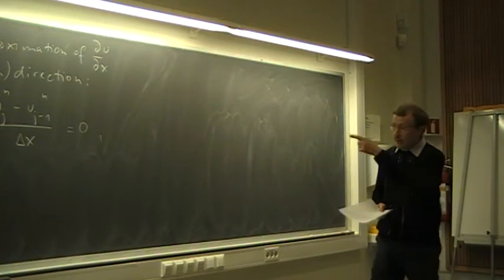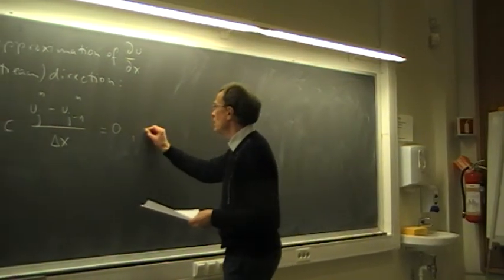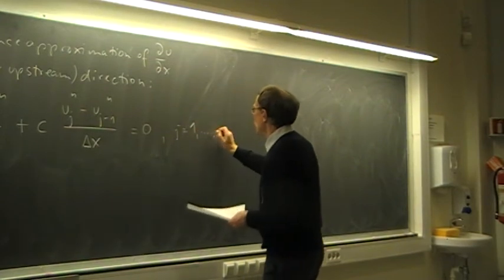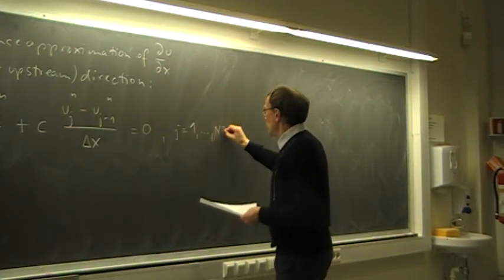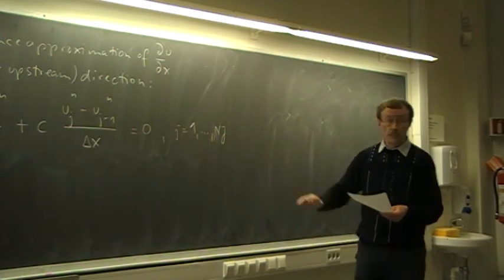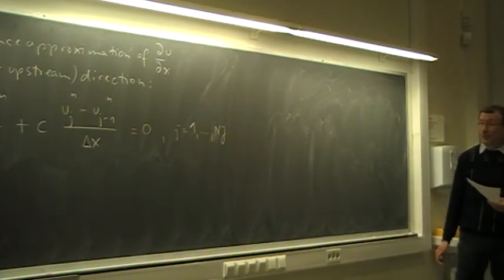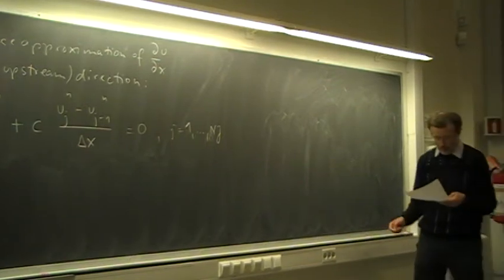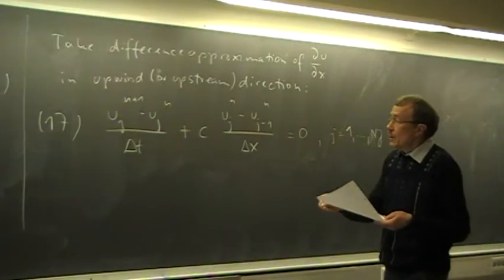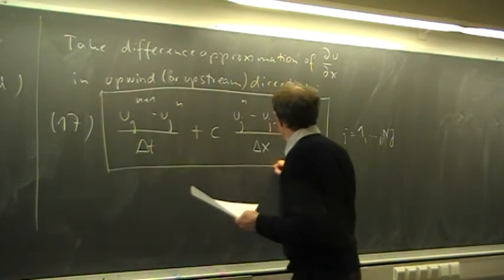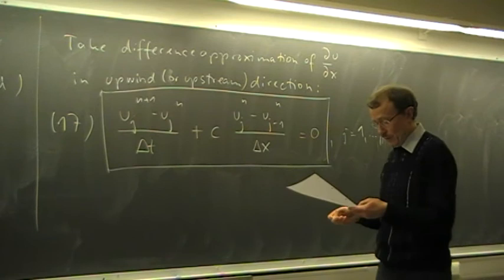But we can use this from j equals 1 on up to the last one that we call nj, at the right boundary. There we can compute it, just ordinary computation. So that is as it should be. So that is our upwind method.